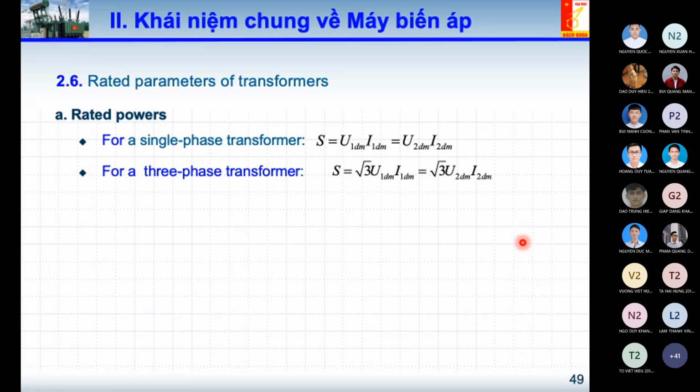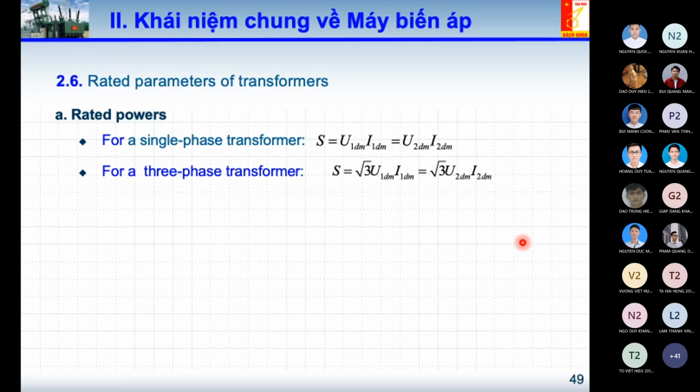And as I said before, on the nameplate of the transformer, we get a lot of parameters, from the main parameters such as the current, voltage, and the power, and of course you can see the insulation level, temperature, the connection of the windings, and also no-load losses and short-circuit losses. And the frequency also.